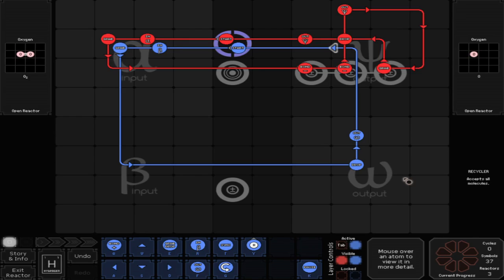Let me think. If I put a sync command... Well, obviously I'm going to want blue to wait, because I do want red to go first, just so that there's oxygen atoms for the final reactor as soon as possible. And the problem is, if I just have red hit a sync, blue's going to start going, but he's also going to start going.